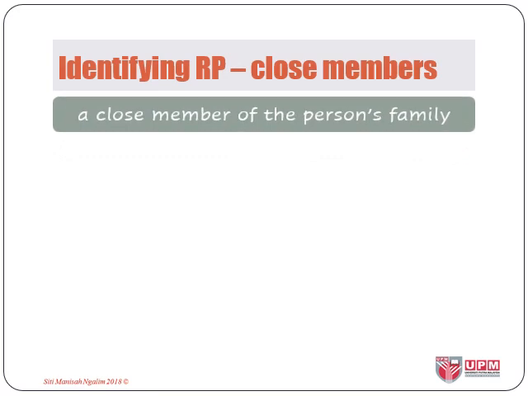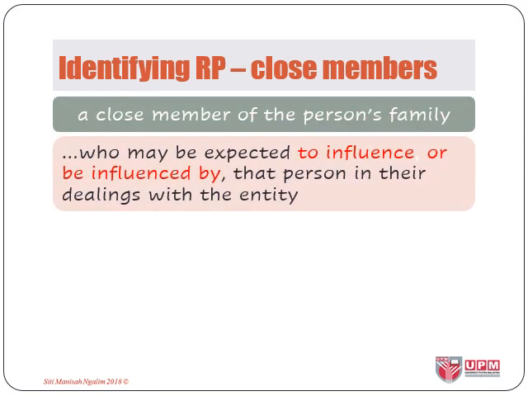A close member of the person previously described are those who may be expected to influence or be influenced by that person in their dealings with the reporting entity.